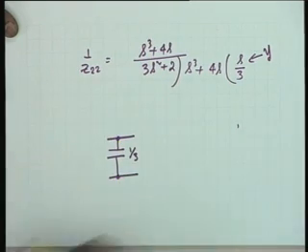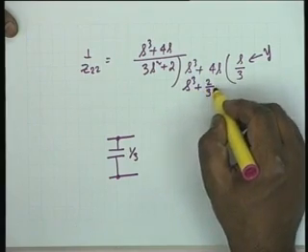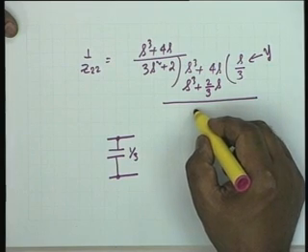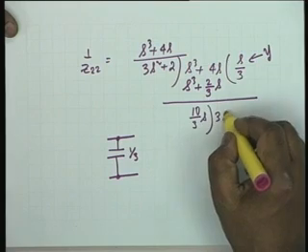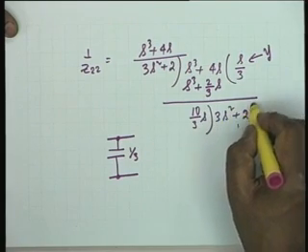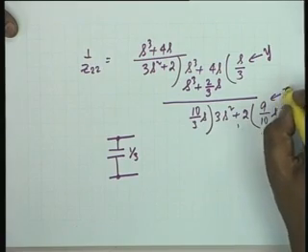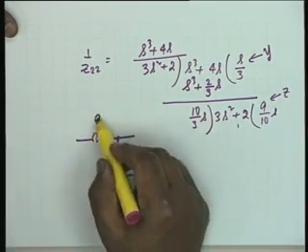Then we have S cubed plus 2 by 3S, pardon me, 10 by 3S. This divides 3S squared plus 2, giving 9 by 10S, and this is an impedance. Therefore, the next inductor would be 9 by 10.